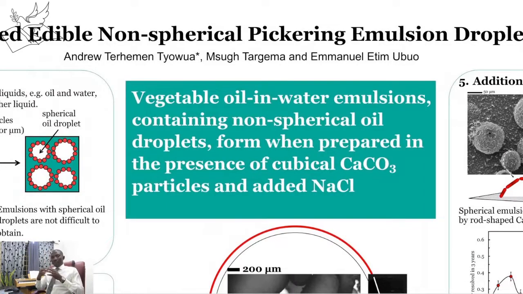Furthermore, when salt was added into the emulsion system prior to emulsification, we observed that non-spherical emulsion droplets were formed in systems containing the cube-shaped calcium carbonate particles, but not the rod-shaped calcium carbonate particles, irrespective of the amount of salt added.